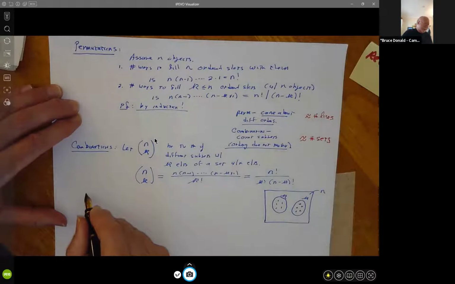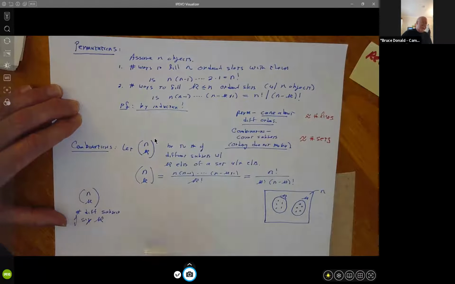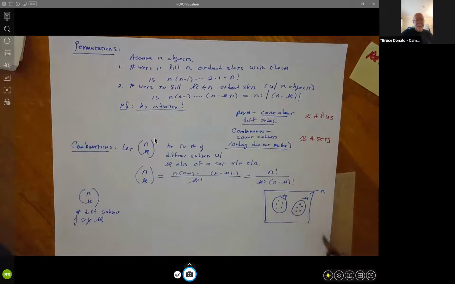So let's think of this. By definition, n choose k, I'll just write shorthand here, is the number of different subsets of size k. So in our picture here, it's the number of different circles we can draw. Keep in mind, these circles could also overlap. They can share elements. Now, for each one of these, it has k elements, so there are going to be k factorial ways of ordering it.